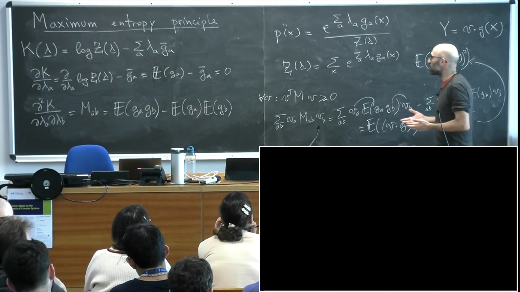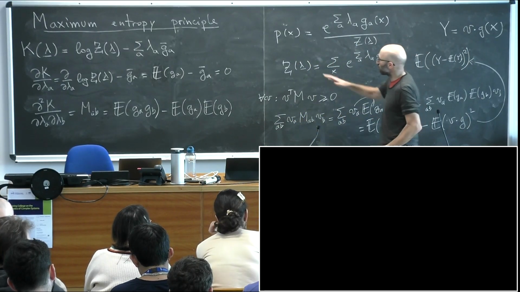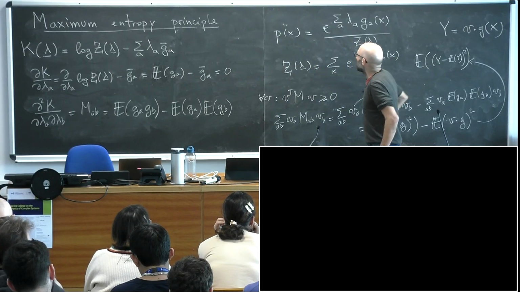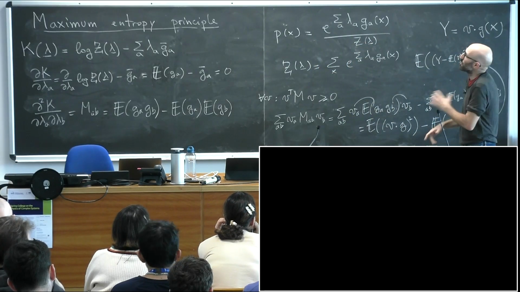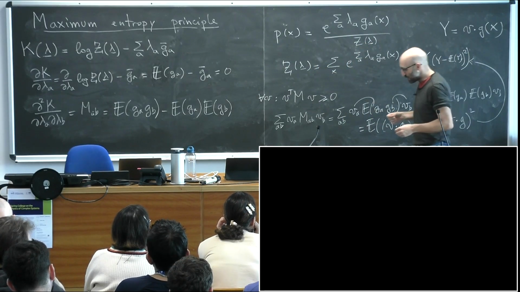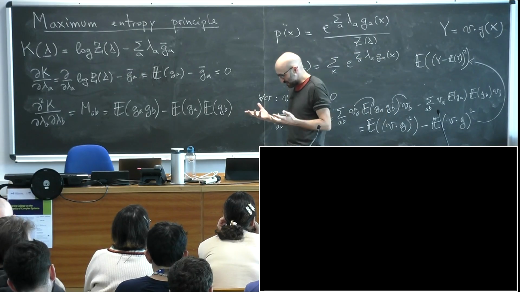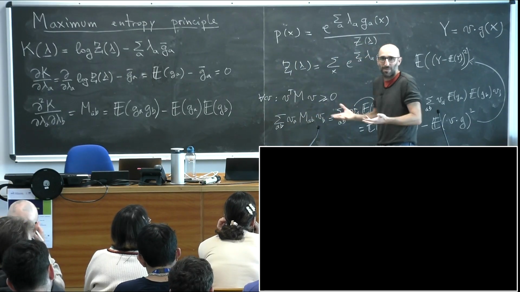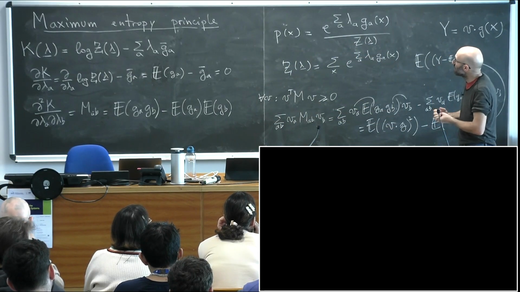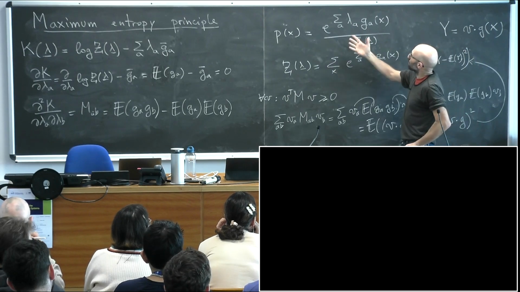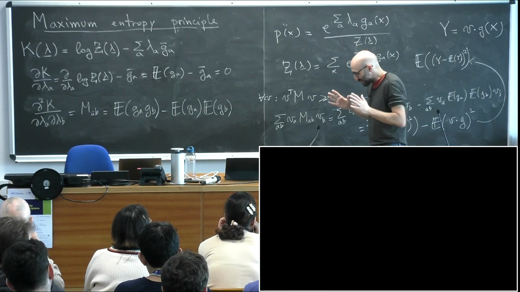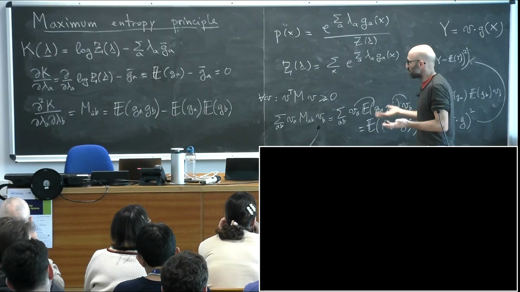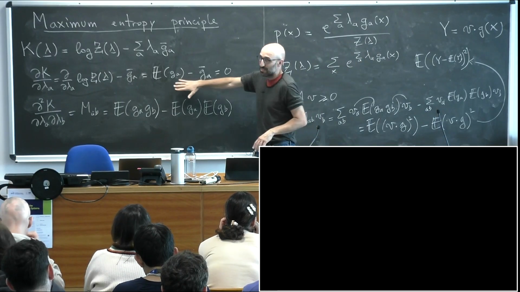So what I want to do is to infer a probability distribution for my system using this information. And what I do is I maximize the entropy. Why? Because maximizing the entropy means I try to maximize the uncertainty on my system, and so I'm making the least possible assumptions on my system other than the things I know.